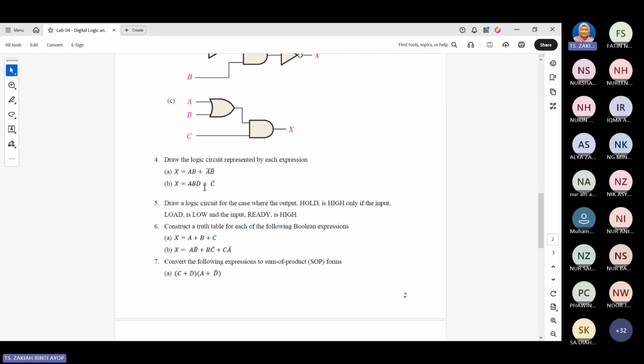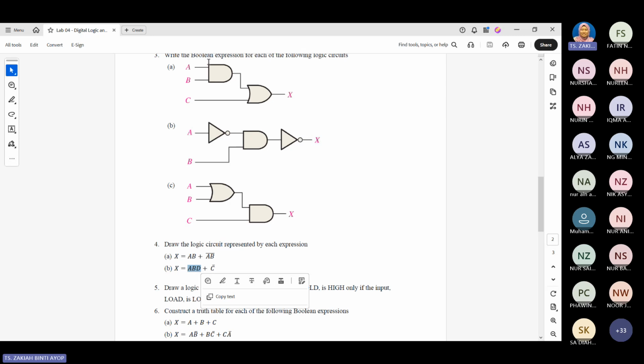Now for this expression for B, it should be easier. You can represent an AND gate with 3 inputs. Previously you saw gates with 2 inputs, one AND gate or one OR gate, but in actual fact you can use 3 inputs or 4 inputs on an AND gate or OR gate.